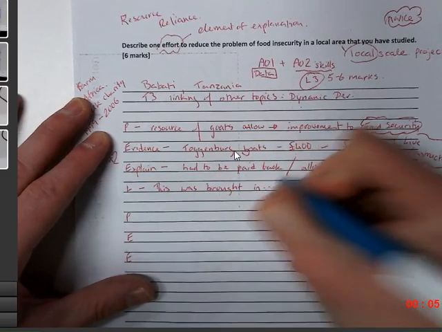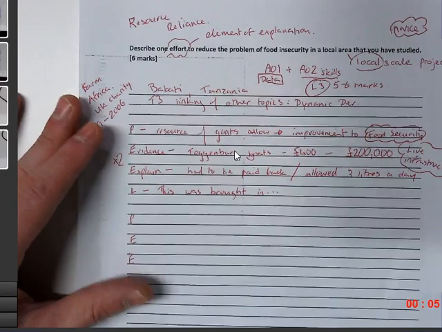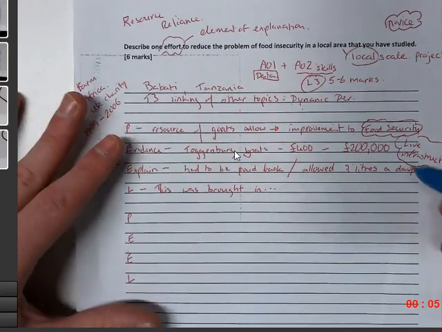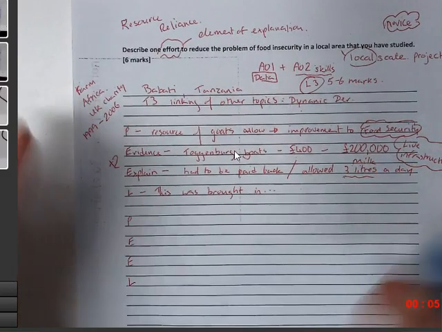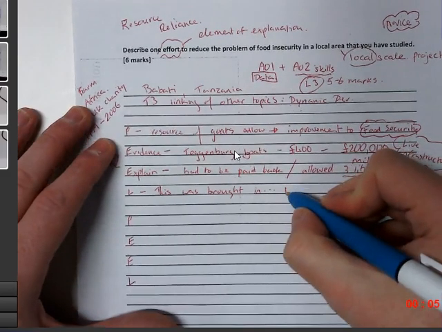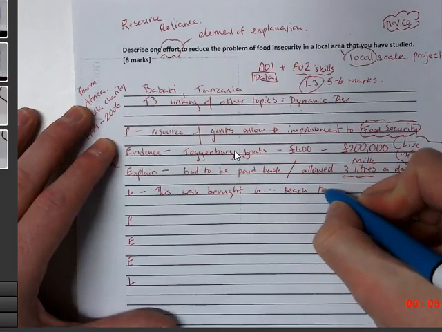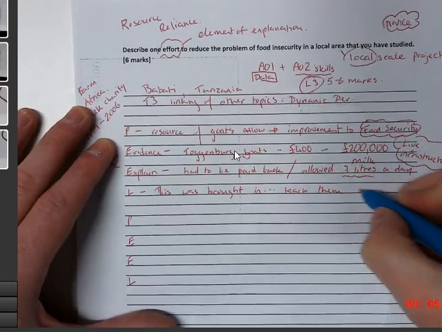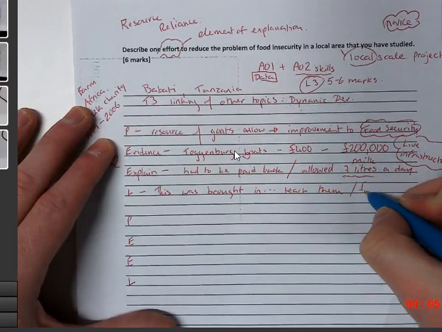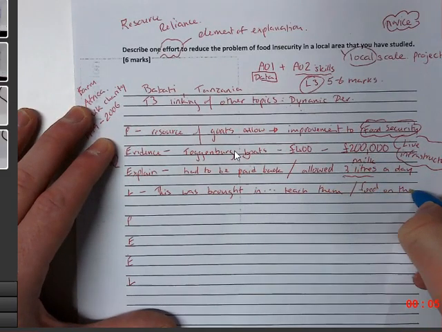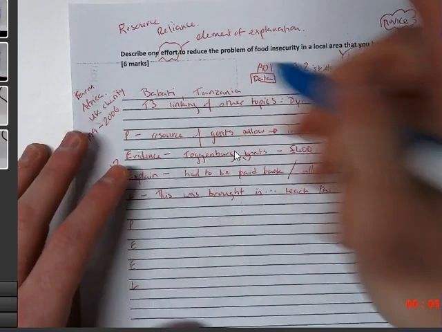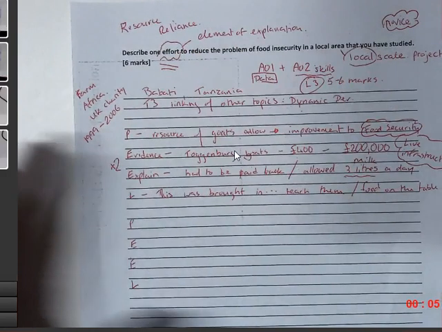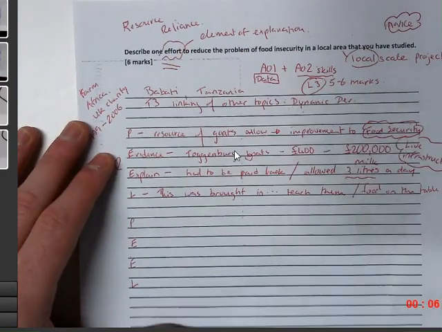You're going to say that it was brought in to reduce food insecurity, to make sure that people had access to 3 litres of milk per day, maybe get other products out of it, to teach them how to take care of their goats, food on the table for their families. So again, we're saying what it wanted to achieve, what the effort was. We don't need to evaluate, we just need to explain why this is important.